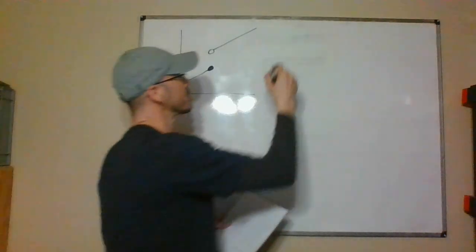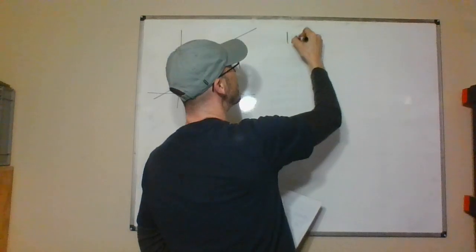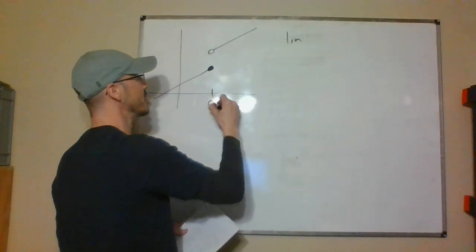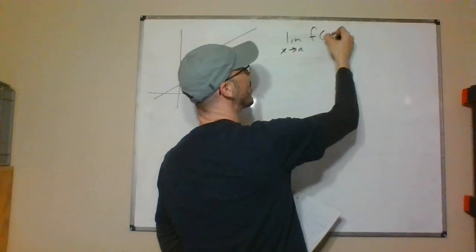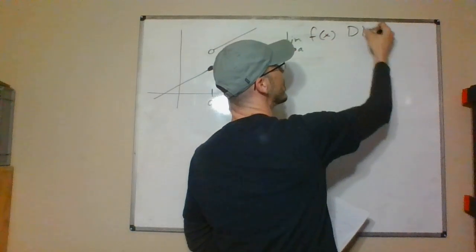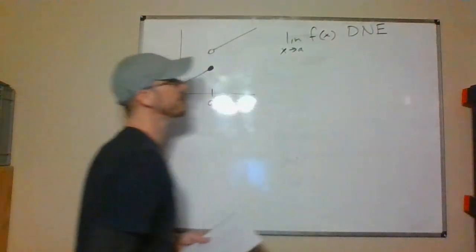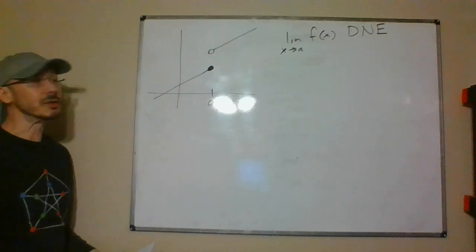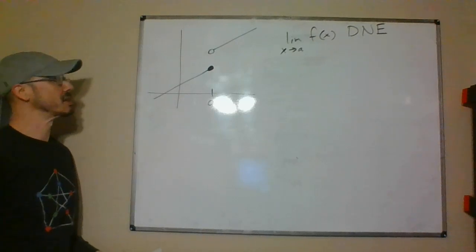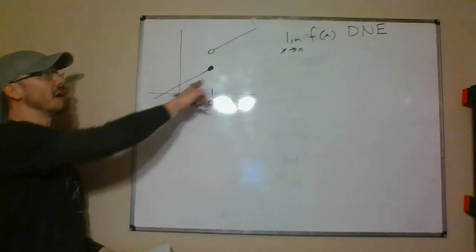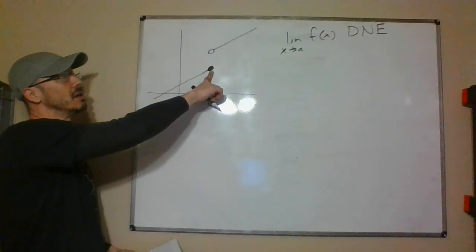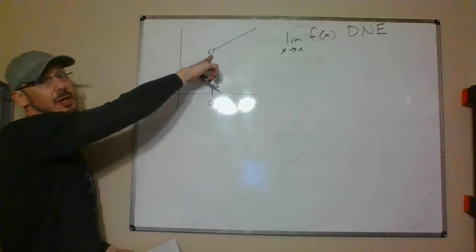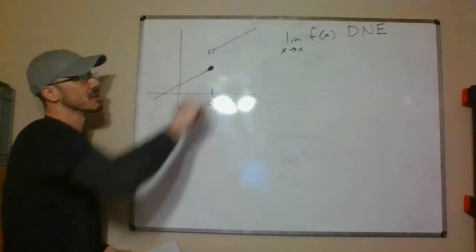This is a situation where the limit as x goes to a of f of x doesn't exist, and so this is a discontinuity. In this case, f of a is this lower one, the solid dot. It is defined at a, just not up there. And then to the right, it's this other function.